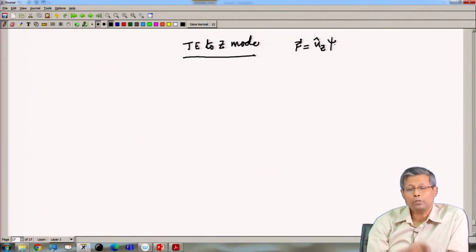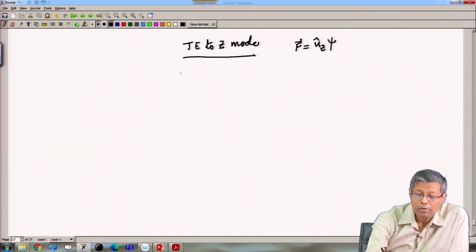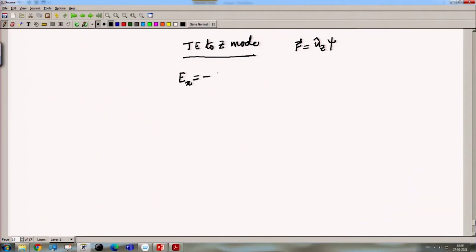Because there is no z component of the electric field, we have to use the Ex and the Ey components. So, Ex equal to minus del psi del y, which must vanish at y equal to 0 and y equal to b.